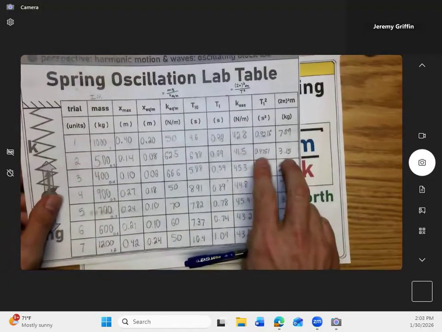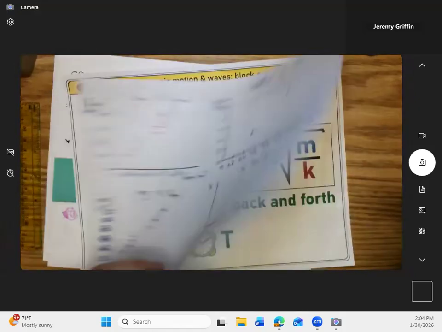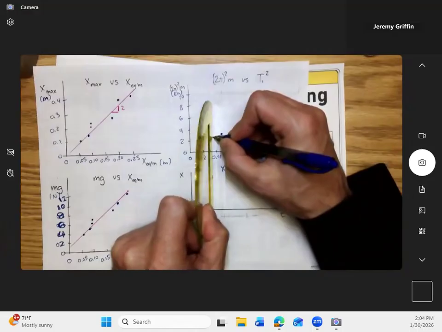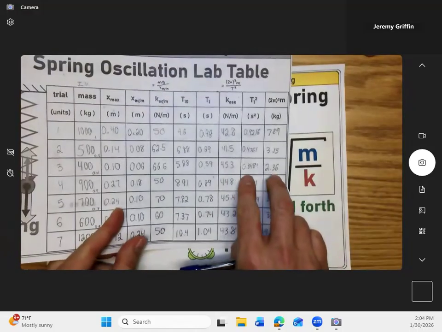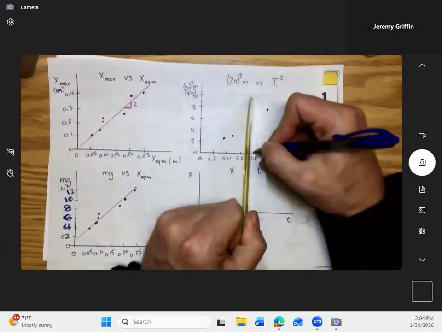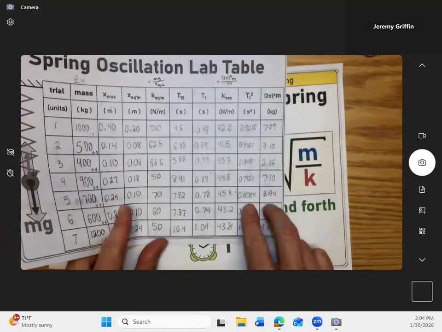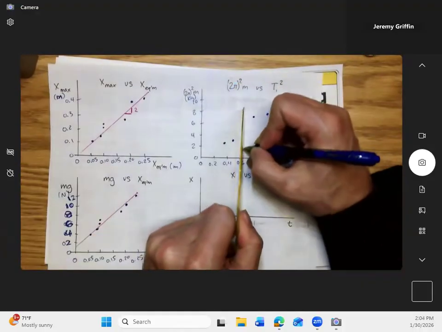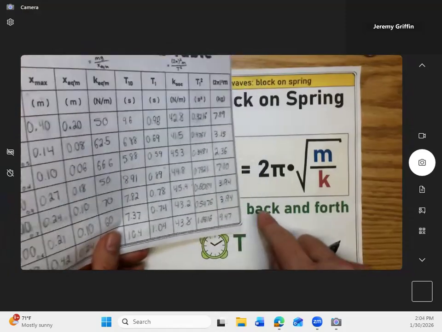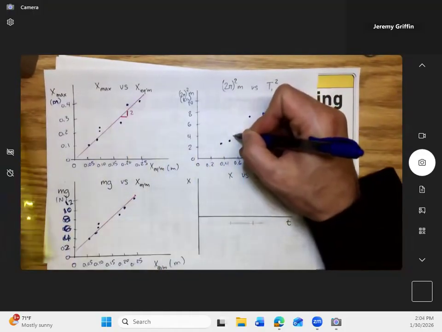Plus we got 0.48, 3.1, bam, right there. 0.35, 2.4, bam. 0.79, 7.1, okay. 0.60, 3.9, right there. 0.54, 3.9, right there.